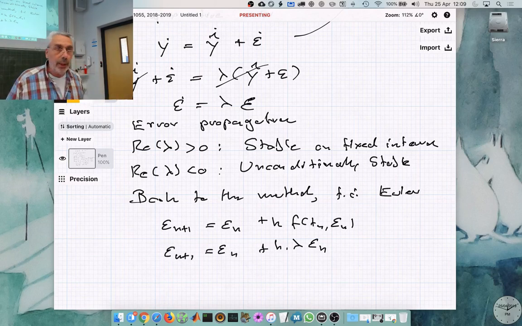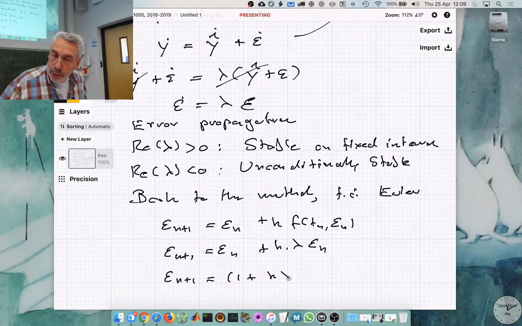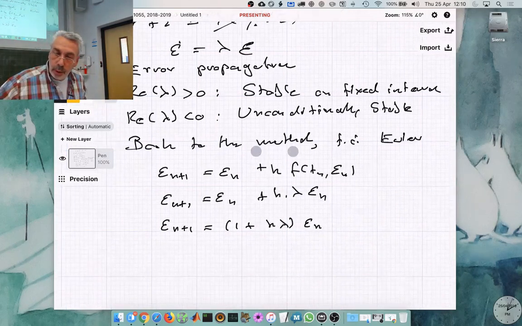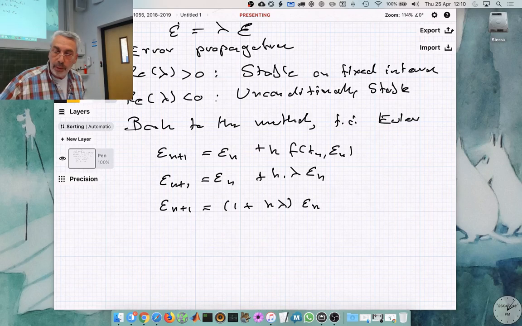So this is how the error behaves. Or in other words, we can directly write that the error is 1 plus h lambda times epsilon n. And you have the feeling that, whatever I do here, it will always be bigger than this one, right? Because it's 1 plus. But hold your horses.